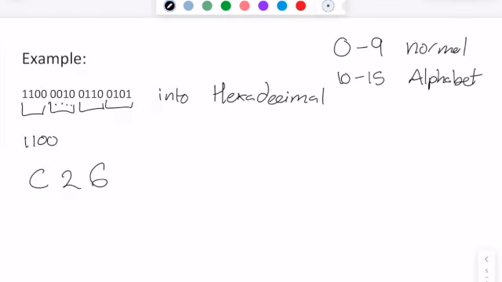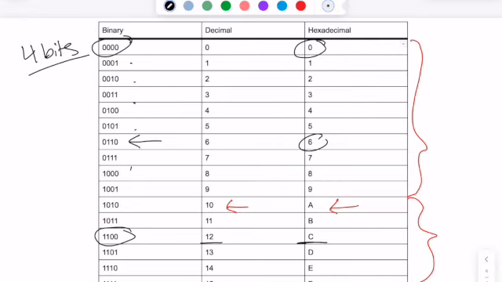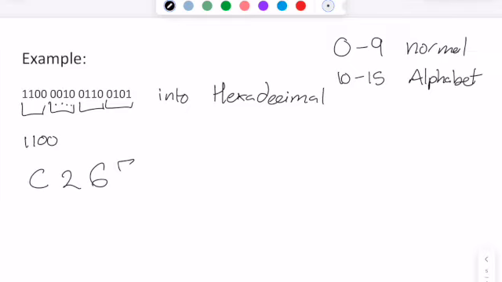And our last one is 0, 1, 0, 1, which is right here, and that's 5. So if you want to change this very large binary number into hexadecimal, it equals C265.